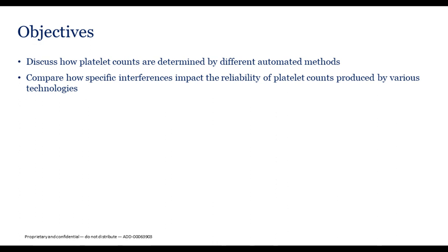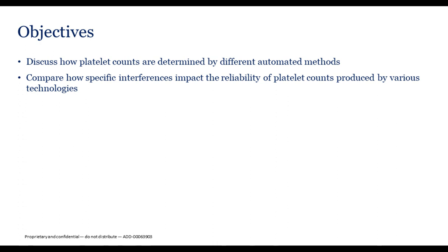Today's hematology analyzers utilize various methods for enumerating platelets, including electrical impedance, light scatter, fluorescence, and immunological recognition with monoclonal antibodies. While these approaches generally produce an accurate platelet count in the majority of samples, we all know circulating abnormalities have been shown to negatively affect the reliability of reported results.